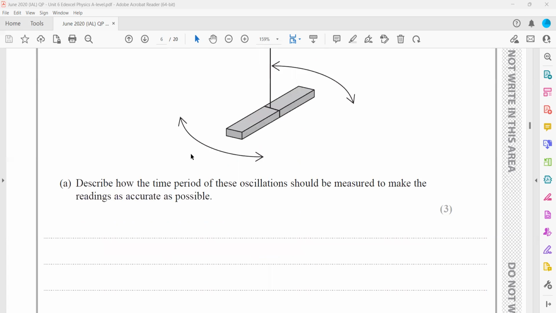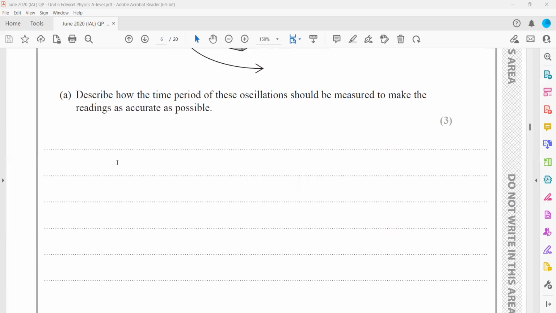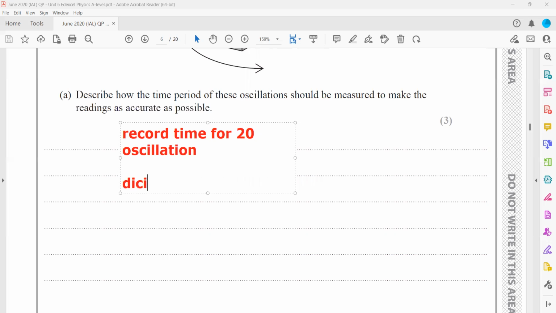So here you will mention: record the time for 20 oscillations. Then we'll divide the time recorded by the number of oscillations, or by 20. Then we will repeat and take an average.